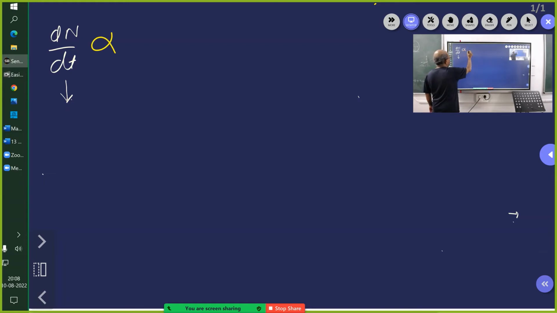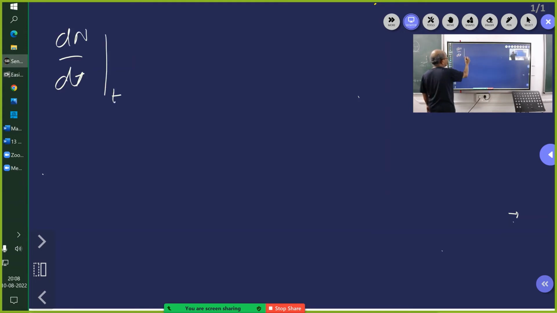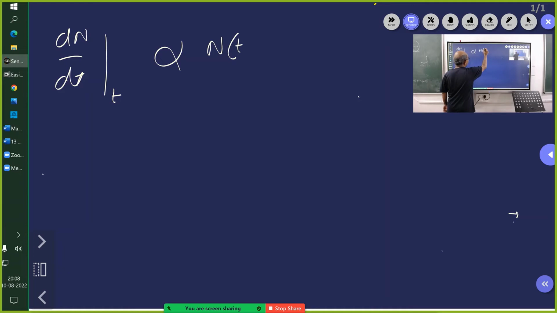This itself is proportional to, at that instant of time, the decayable radioactive constituents that are present at that time. That is the crux of all these things.